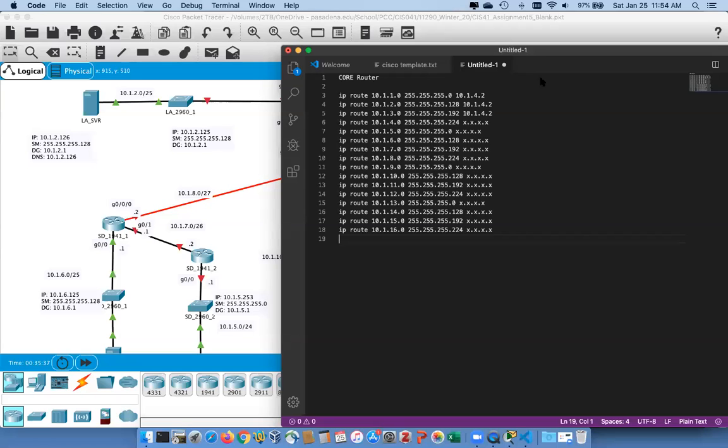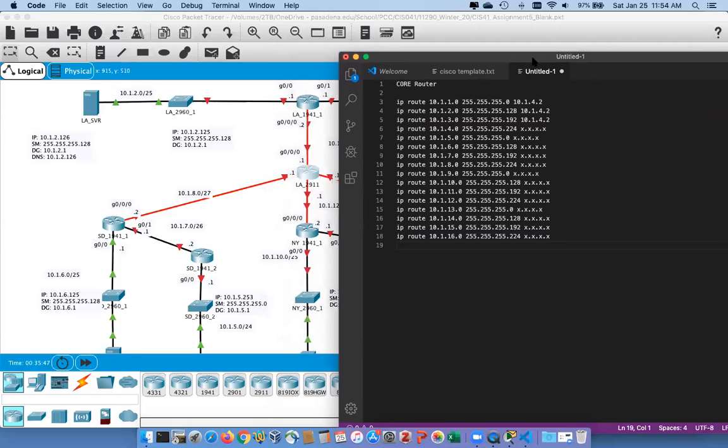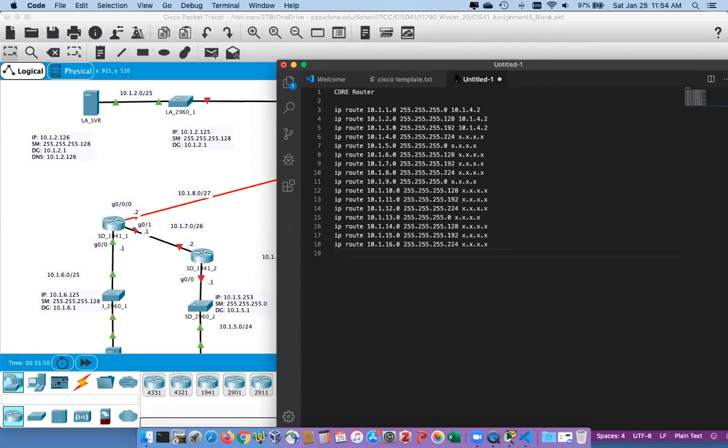All right, for the core router, for the routing here, what you'll probably want to do is something like this: IP route 10.1.1, 2, 3, 4, 5, 6, 7, 8, 9, 10, 11, 12, 13, 14, 15, 16, along with the respective subnet masks, right? And then this is the next hop IP.